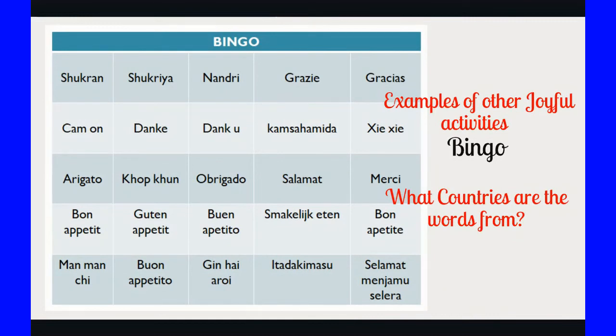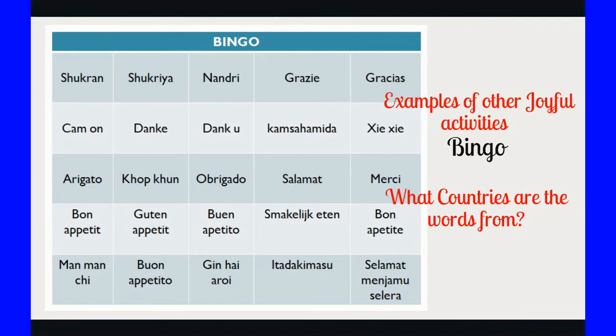With the concept of bingo, it can be in diagonal, horizontal, or vertical ways. If the learners can do this game correctly and get five correctly, they can say bingo. And what countries are the words from? That is the question.